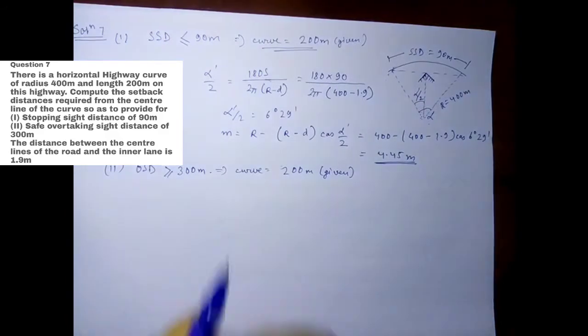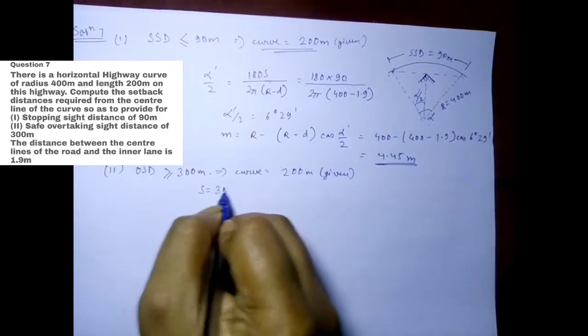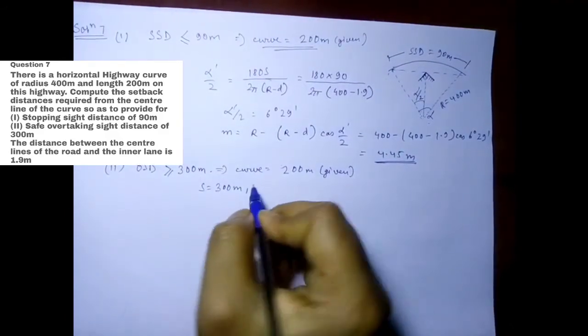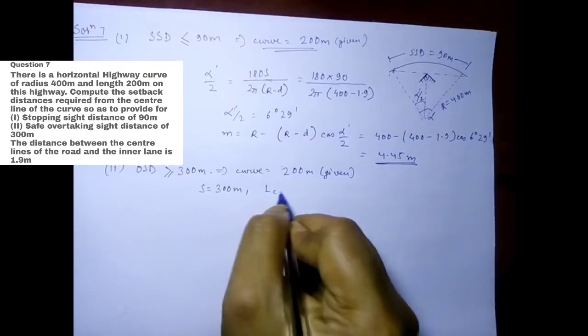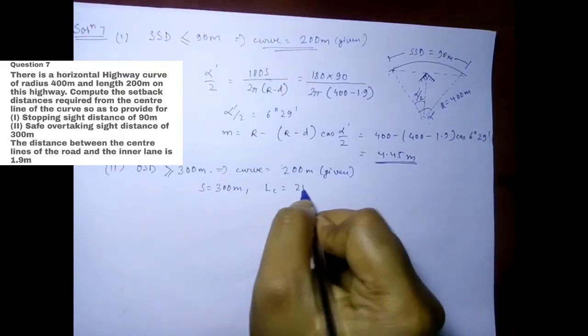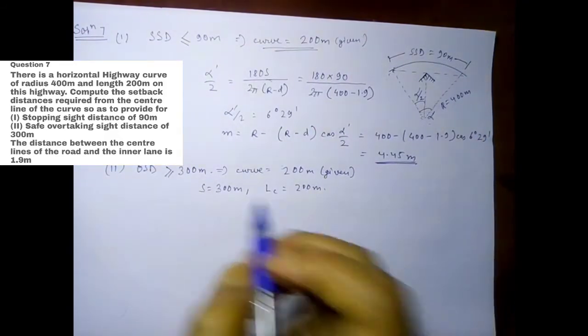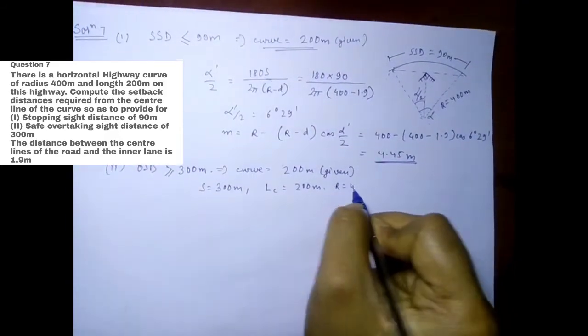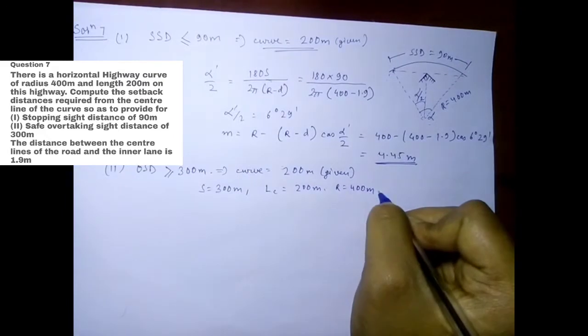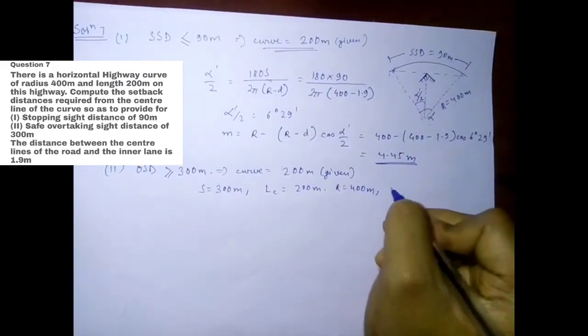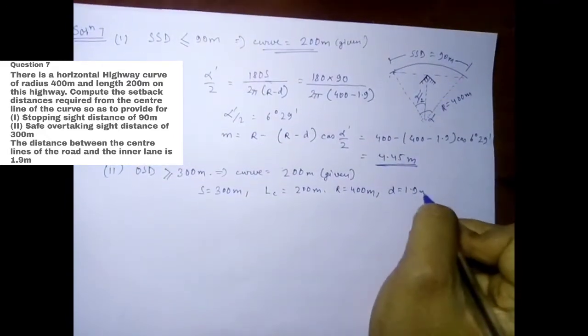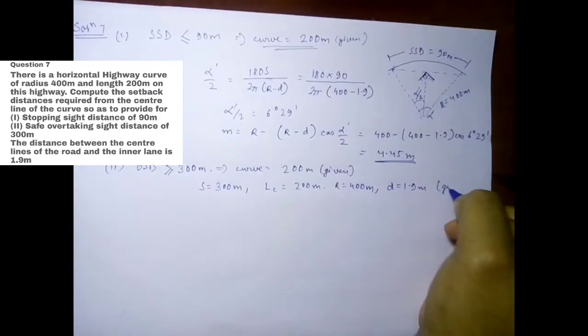So now S equal to 300 meters, LC equal to 200 meters, R equal to 400 meters and D equal to 1.9 meter. These are all given.